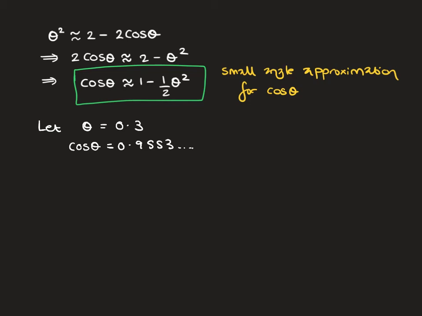Now, let's work out what 1 minus a half theta squared is equal to, which is the approximate value, according to the result that we have derived, and that is equal to 0.955. So look how close these values are. You can see it's a very good approximation for cos theta.